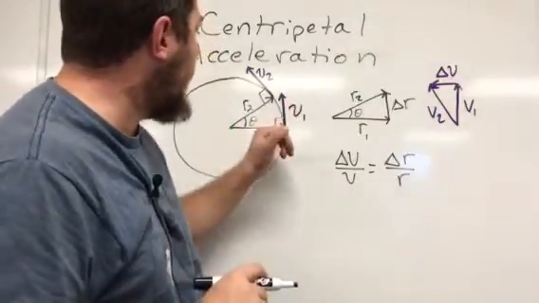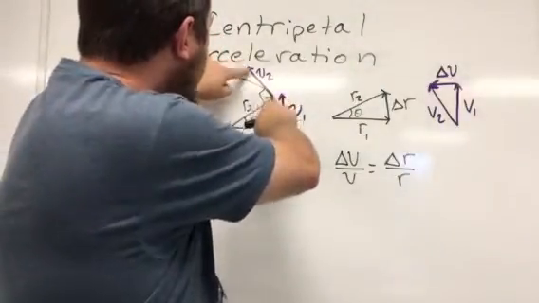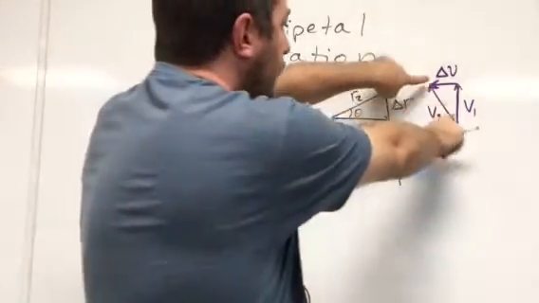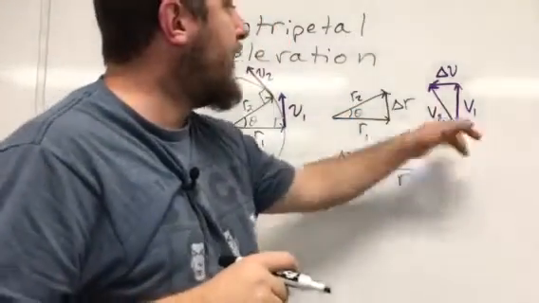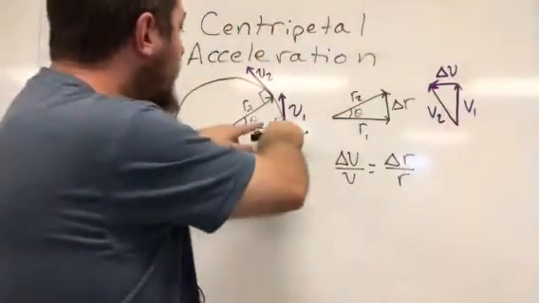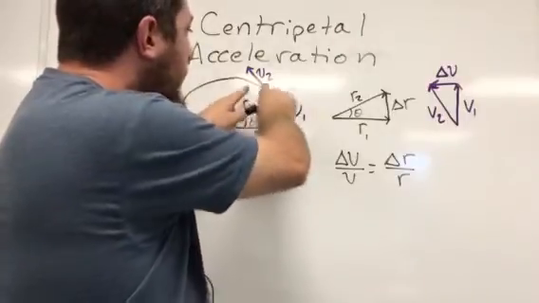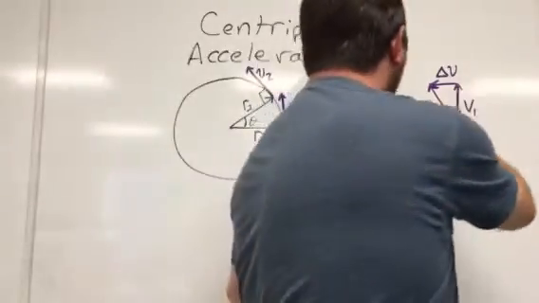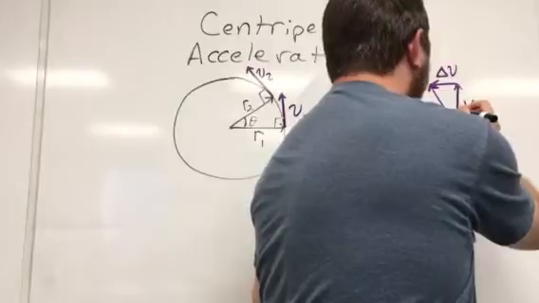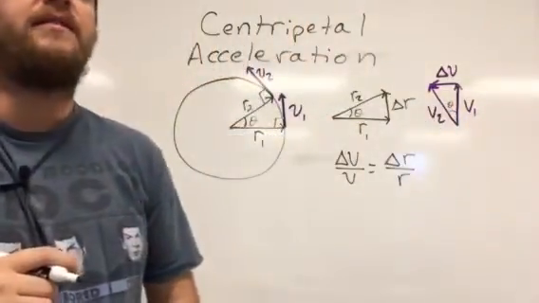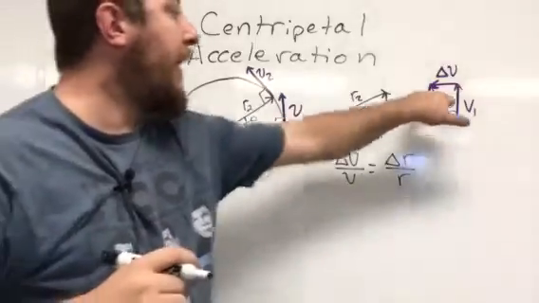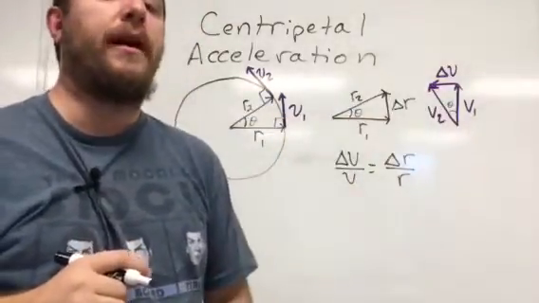And if I take my v2 and move it down here, then I have this triangle as well. Because these are always going to be perpendicular to each other, however my r vector changes is also going to be the same rate at which my velocity vector changes. So what we have here are called similar triangles.